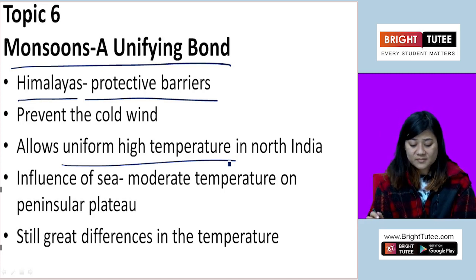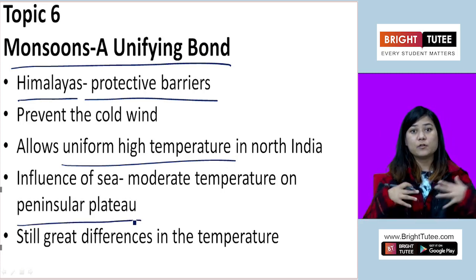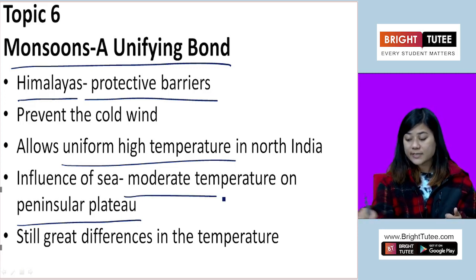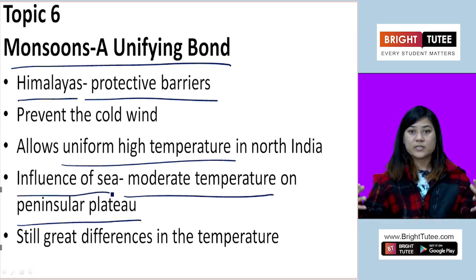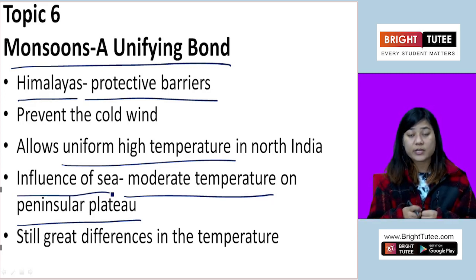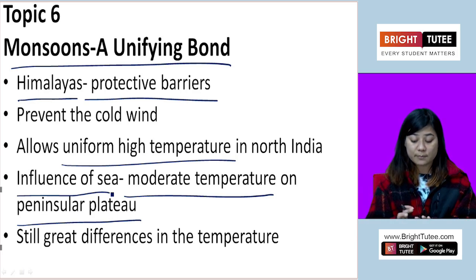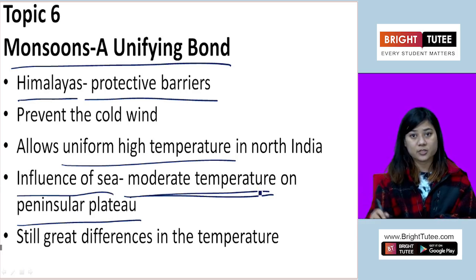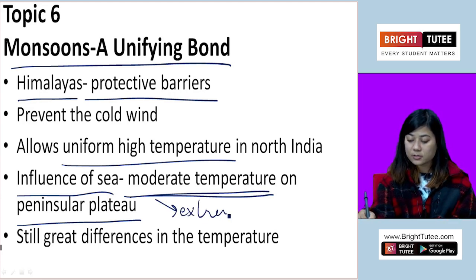Okay. Now if you look at the peninsular plateau, then we have moderate temperature. Why? Because of the water bodies that surround it. Because of the sea, the ocean, the temperature is influenced by it, and as a result it has moderate temperature. That means it does not have extreme weather conditions.